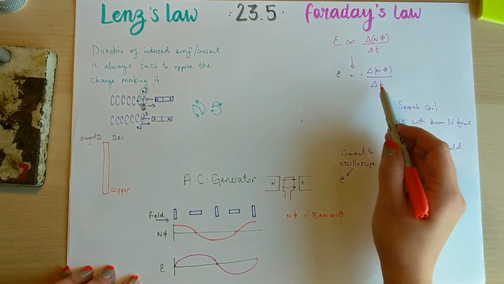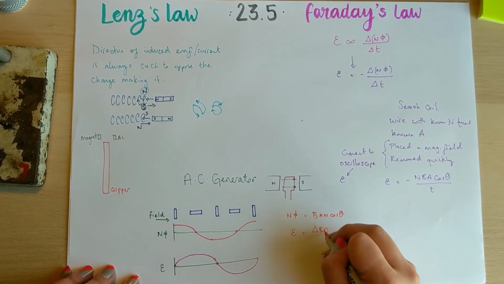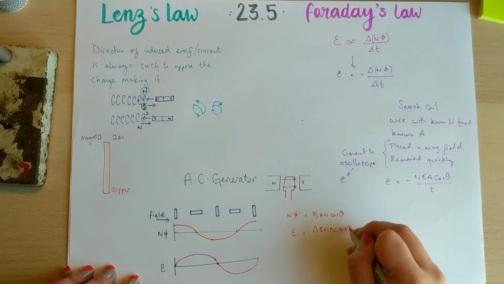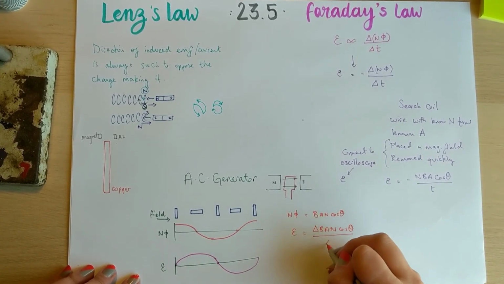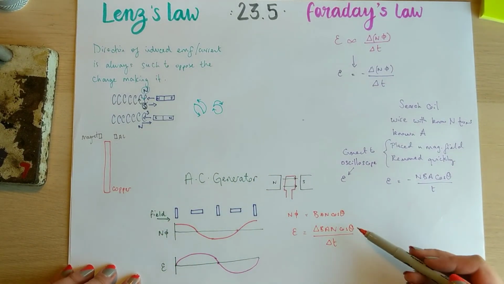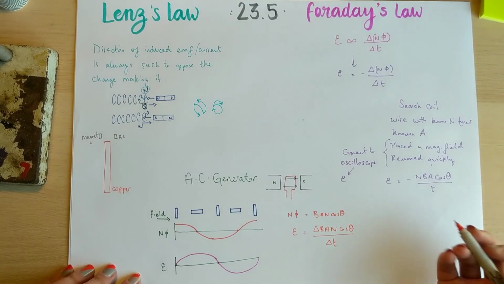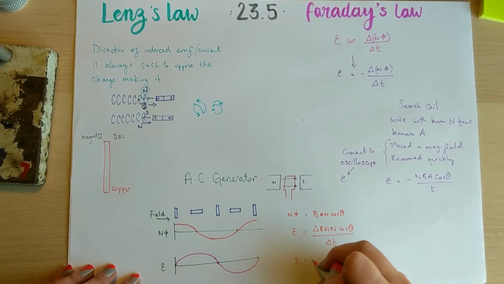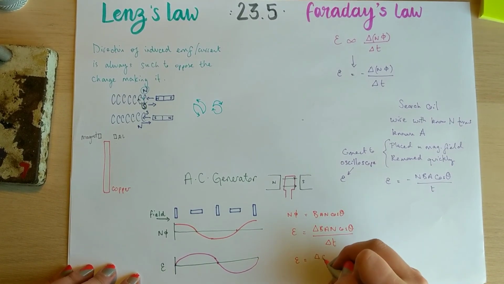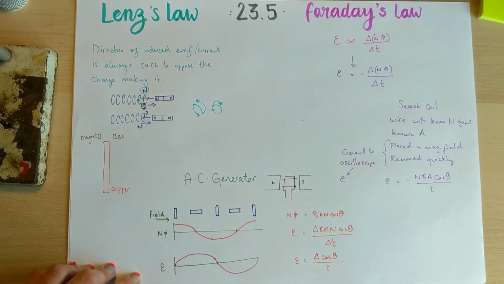So we can put in EMF equals Δ(BAN cos θ) over Δt. Within one AC generator, B, A and N are all constant, so the EMF is proportional to the change in the cosine of the angle over time. It's just recognising that these things aren't going to change when you're talking about one specific generator.